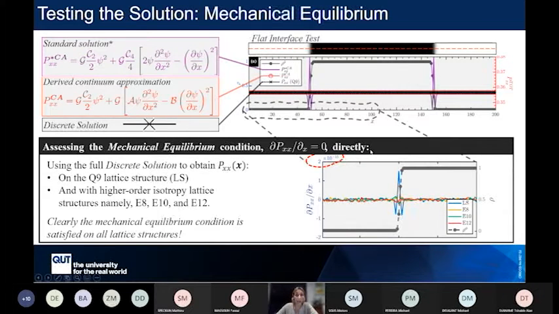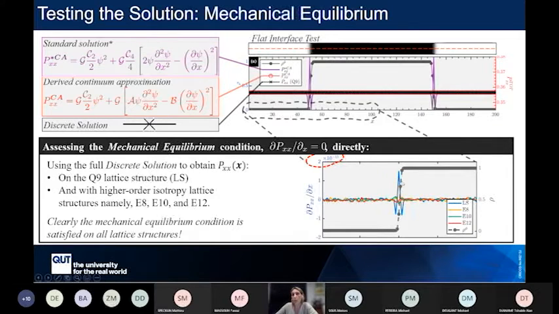We then looked at the mechanical equilibrium condition, which is just the gradient of the pressure being equal to 0. As the pressure is constant, the gradient is 0. And what we see is that no matter which lattice structure we use, and we've tested a couple of different lattice structures, the pressure gradient stays equal to 0.